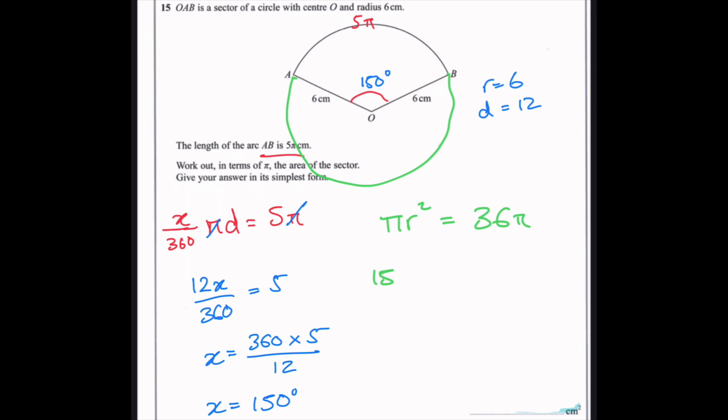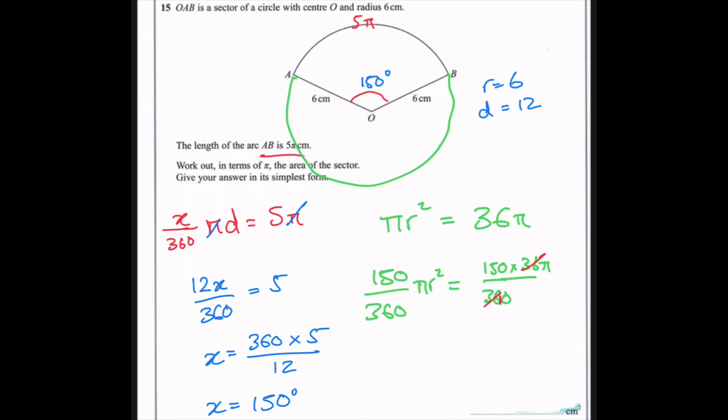I have 150 over 360 times pi r squared equals 150 over 360 times 36 pi. Now, if you notice this, the 36 and the 360 can cancel. I can get rid of this, and make this 10.